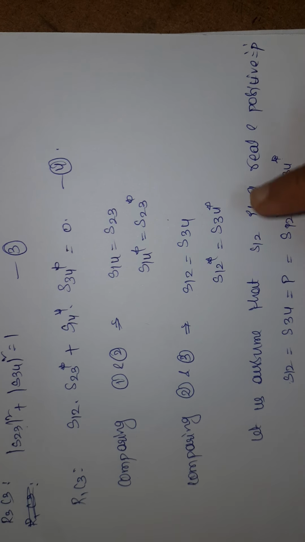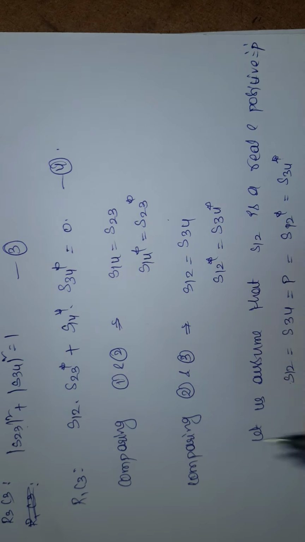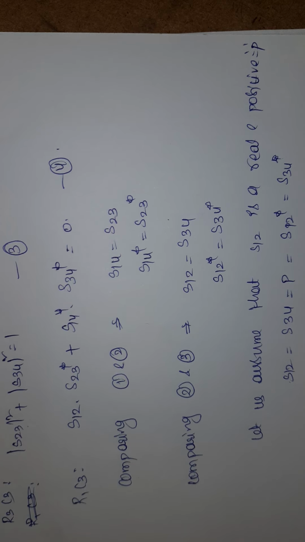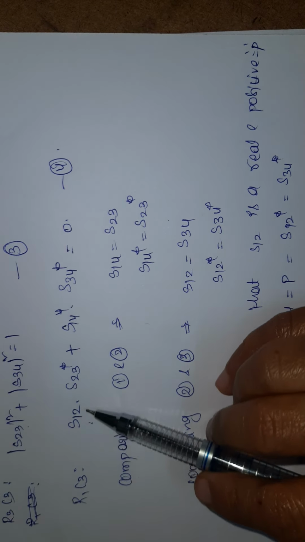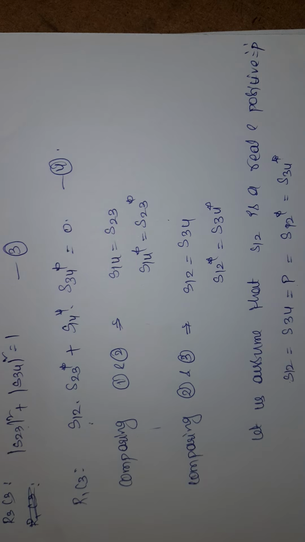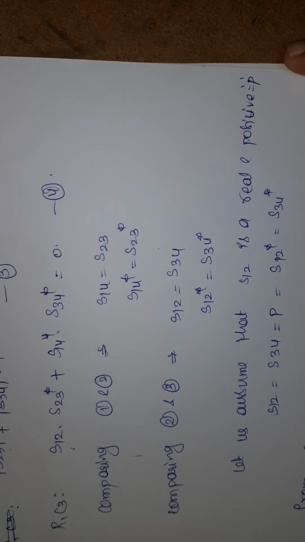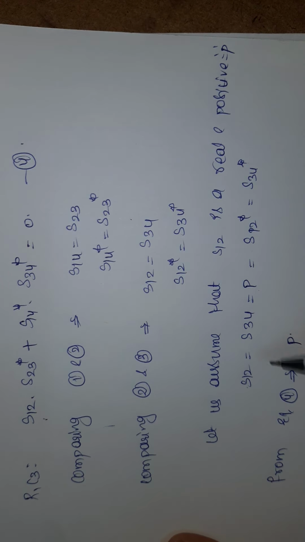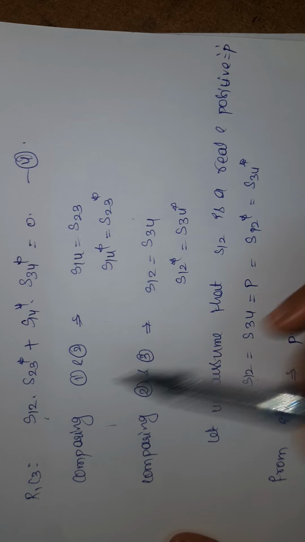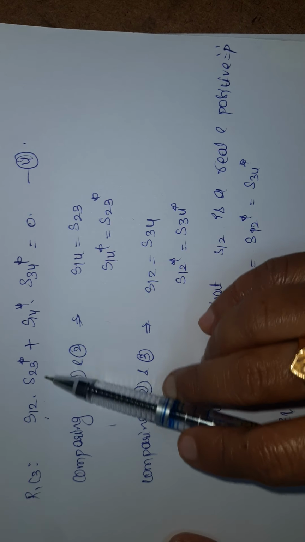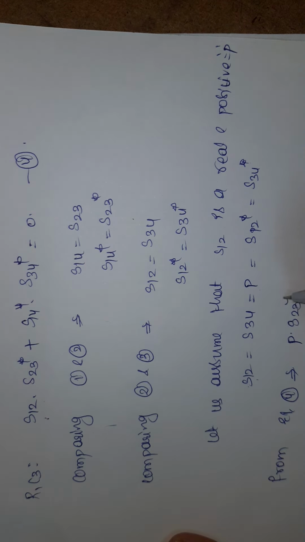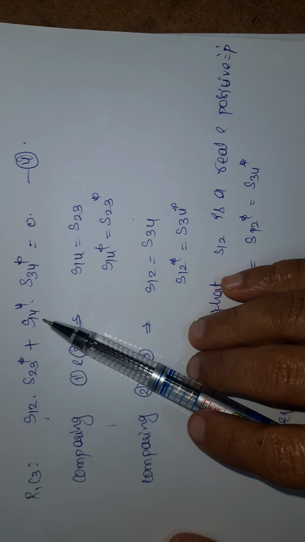Like that. Okay. Now I am going to substitute all these in equation 4. From equation 4, S12 is nothing but P. S12 into S23 star plus S14 star into S34 star.